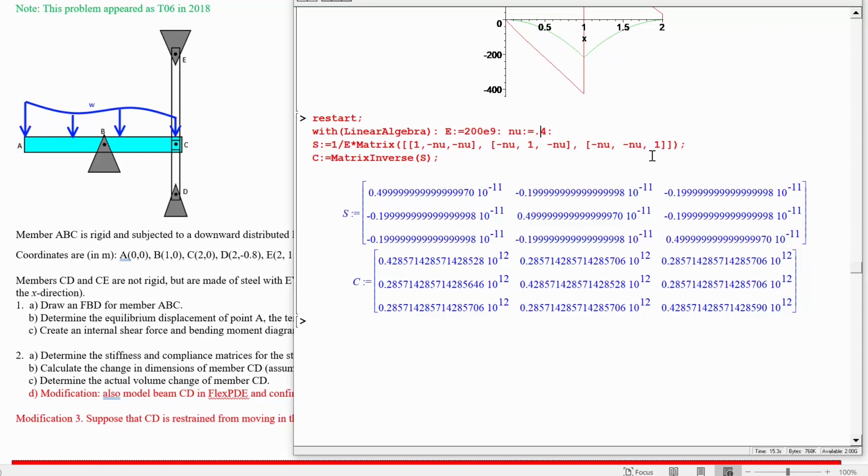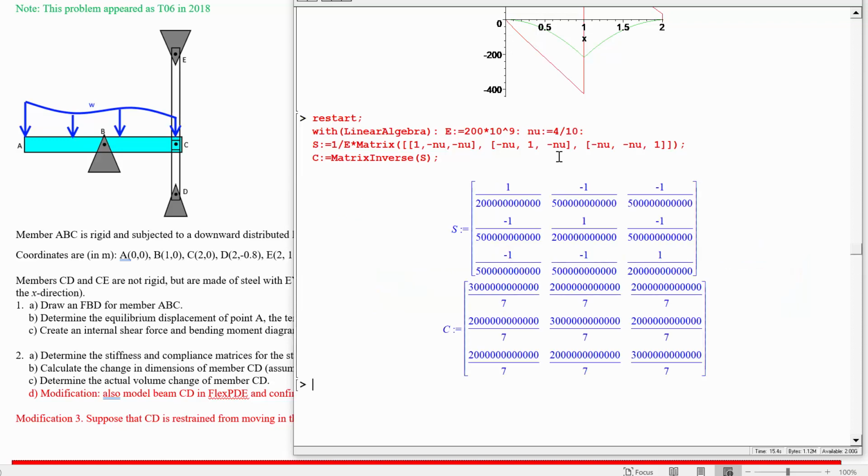Another thing to do is you can remove the floating point numbers by making this 4/10 maybe. Nope, we also need this to end up as an integer. So maybe the 200E9, maybe 200 times 10 to the power of 9. Yeah, okay. So now we've got it not evaluated as a floating point, and this might be easier.